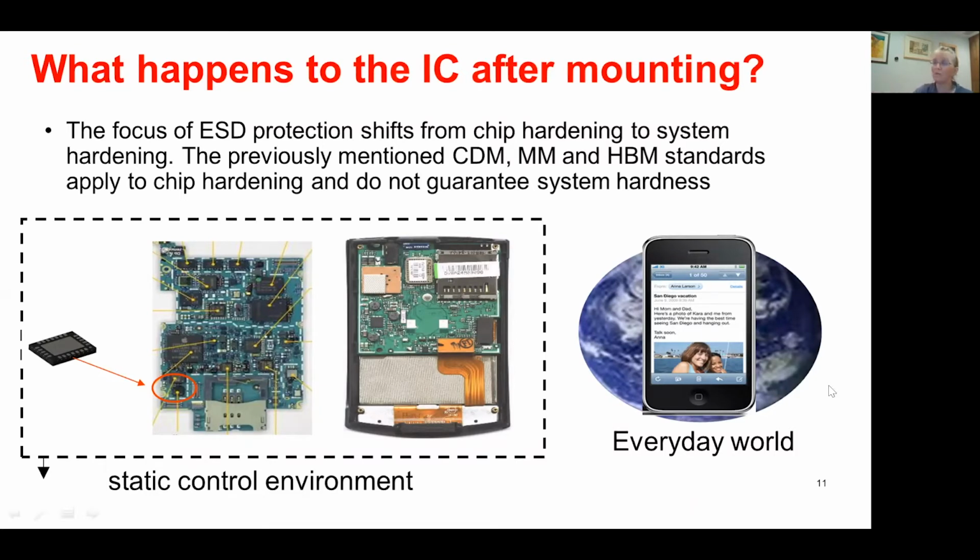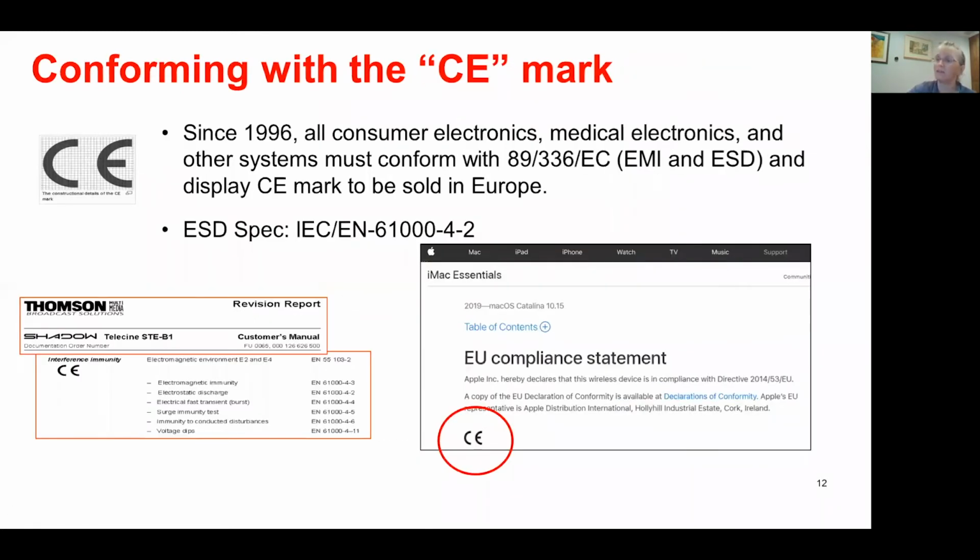So we know that we need to build in a small level of ESD protection at the IC level, but the end system needs to be able to withstand much higher levels of ESD protection. Similar to the idea of lightning, the primary protection, the secondary protection, and then minimize the impact on the sensitive components. And so I'll mention a little bit about how that's done.